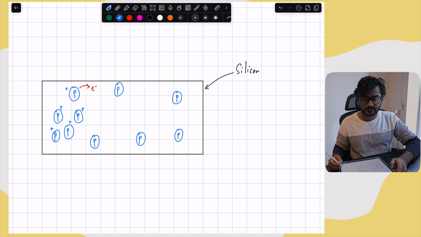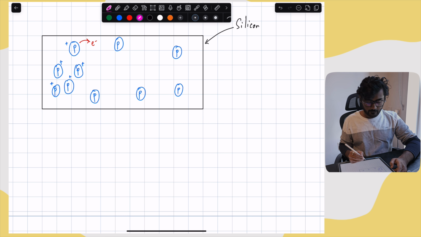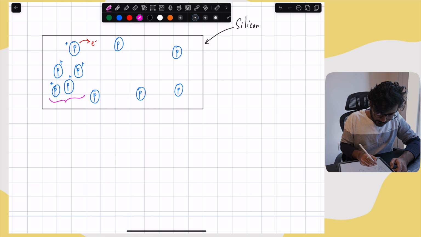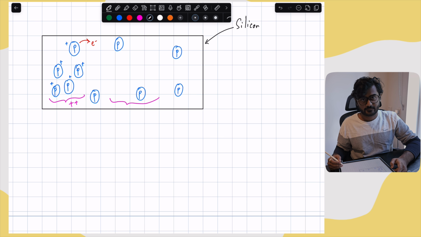So even though the entire silicon is electrically neutral, because of this grouping of phosphorus atoms, we will see local potential variations. So we can see that this part of silicon is more positively charged compared to this part of silicon. So based on this local potential variation that is happening because of unequal charge distribution, and this is coming because of the randomness of doping, we will see that the conduction band and the valence band get stretched into the band gap.